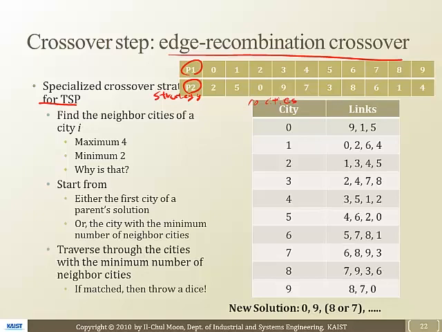And then if you just draw a diagram here, the P1 solution is going to be 0, 1, 2, 3, 4, 5, 6, 7, 8, 9. So the P1 solution looks like this. The traveling salesman travels from 0 to 1, 2, 3, 4, 5, 6, 7, 8, 9, and then 0. That's parent 1.